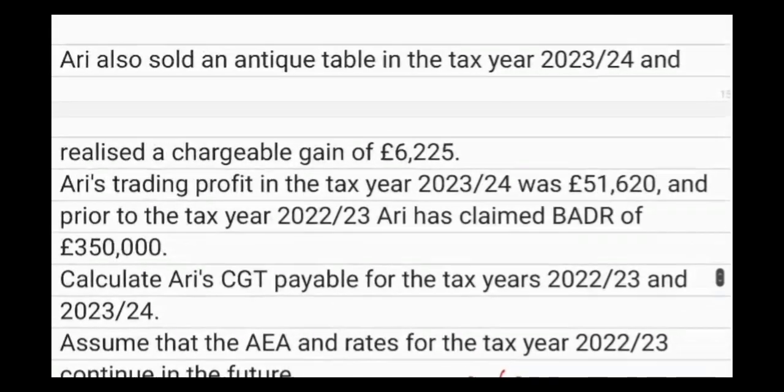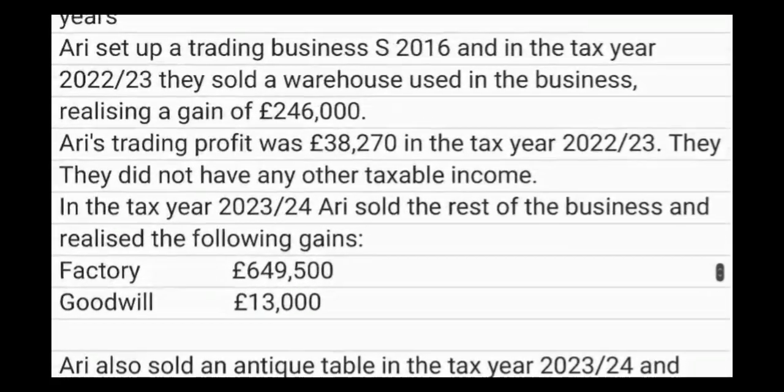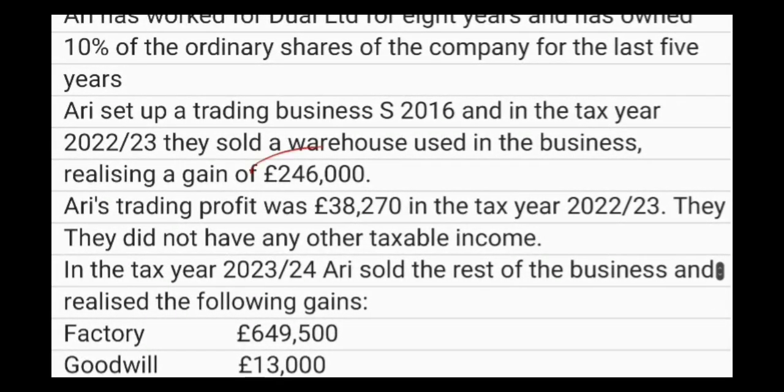So remember that in the first year, what are the sales? First, it is a gain realized on the sale of the warehouse, and the sale of this warehouse is not qualified for the BADA relief. Why? Because BADA relief is applied on those assets which have been sold on cessation of business.